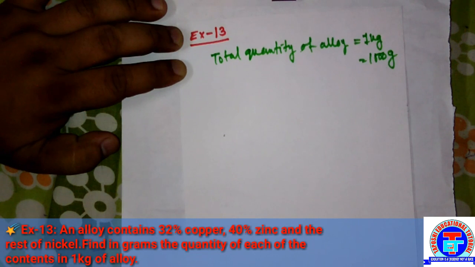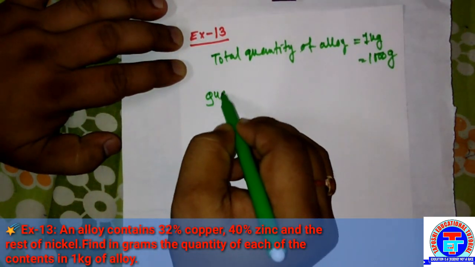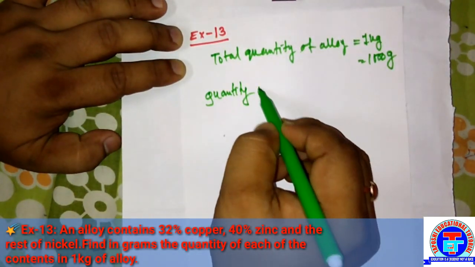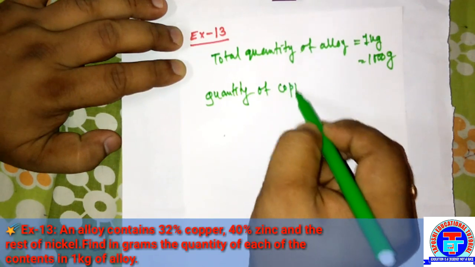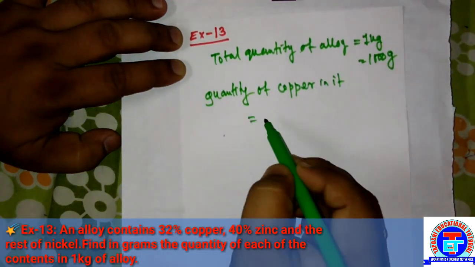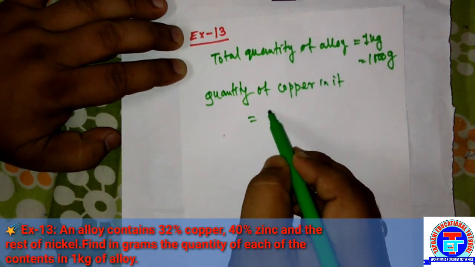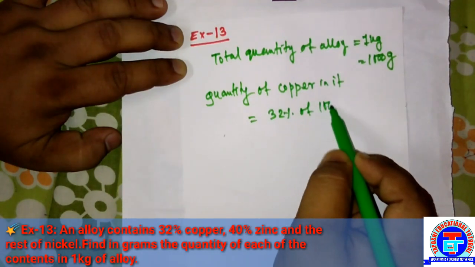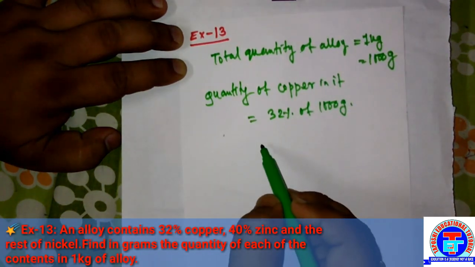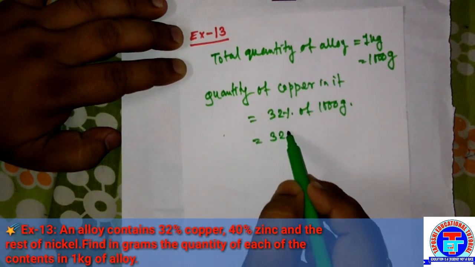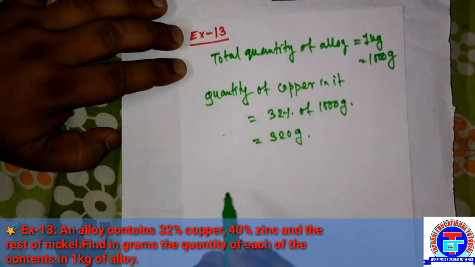Now the quantity of copper in it is equal to, we can write, 32% of 1000 gram. It will become 320 gram, right?